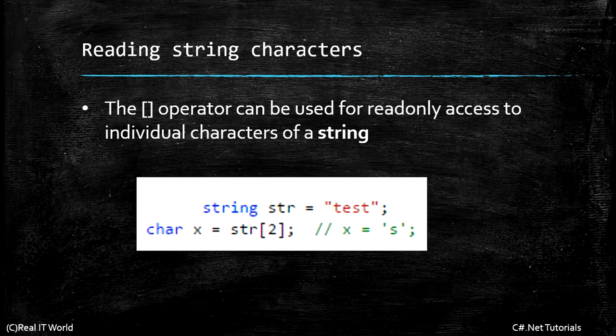Like this, the output is yes, because the index starts from 0. 0 is t and 1 is e and 2 is s. From the test string, if you index for the third value, it will return x equal to s.